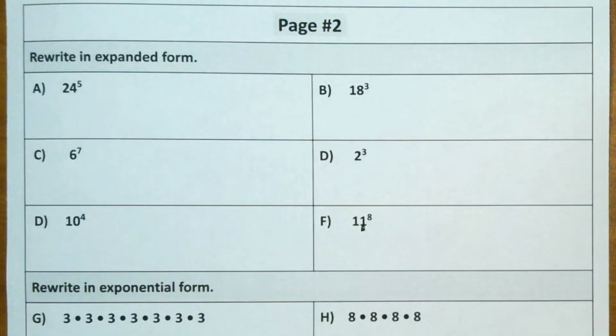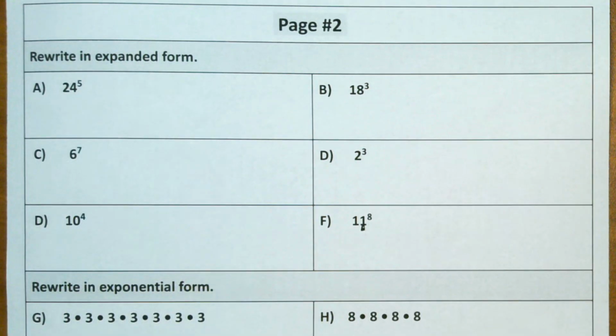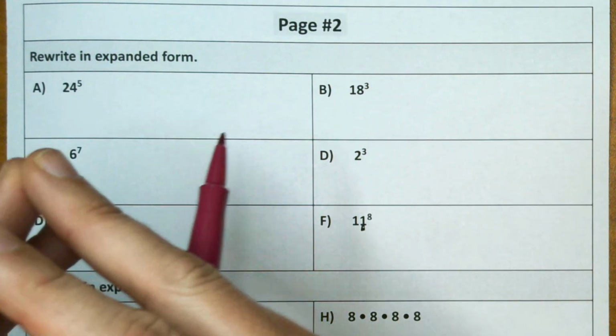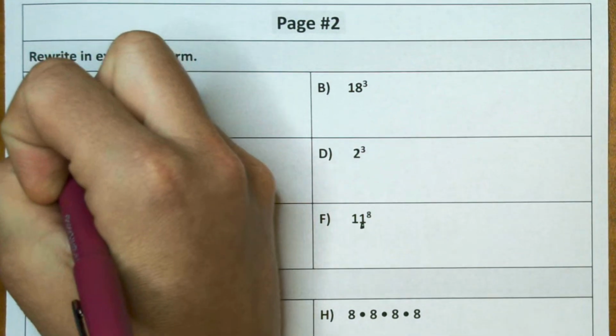All right, on page 2, we're simply practicing exactly what we did in the examples. So I'll get you started and then have you practice the rest on your own. Problem A, it says rewrite in expanded form. All right, so think about expand. Okay, we're going to write 24 as our base.